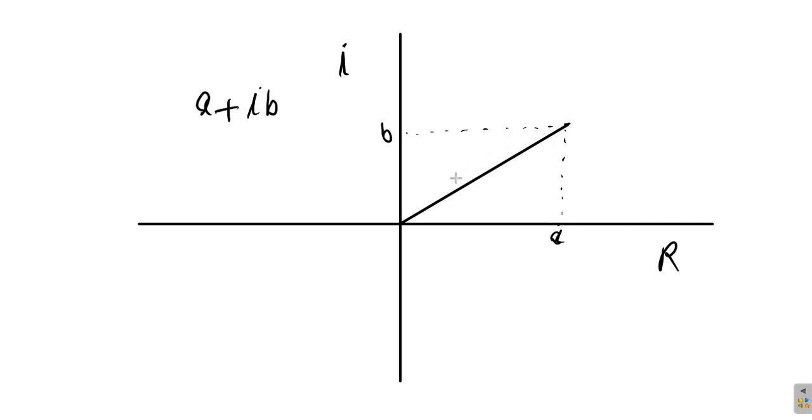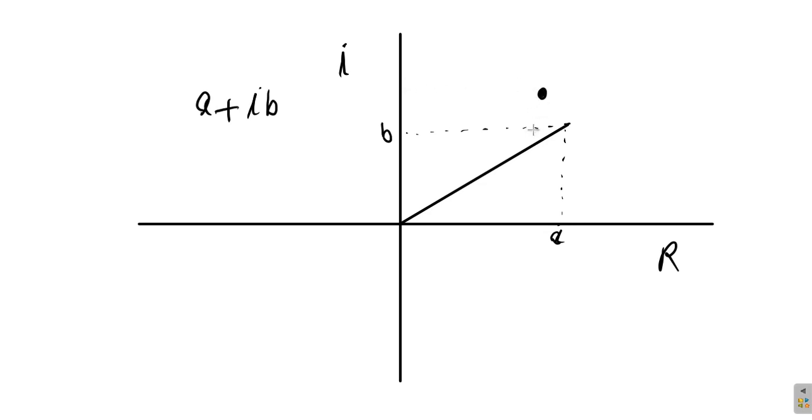Now, I've drawn a line from the origin to AB because complex numbers start from the origin. Now I've seen diagrams where they don't use a line, they just use a dot, right?